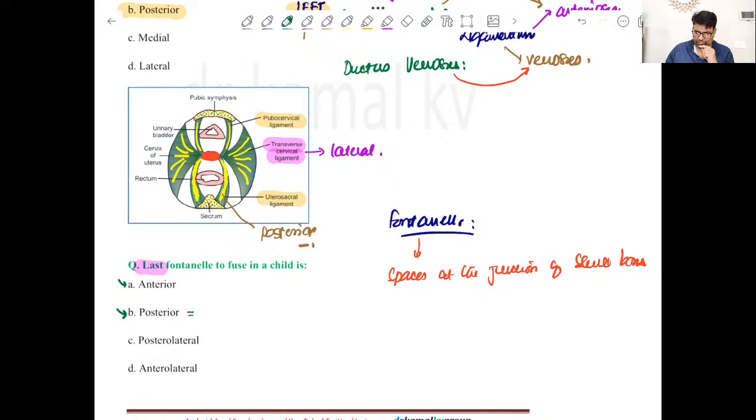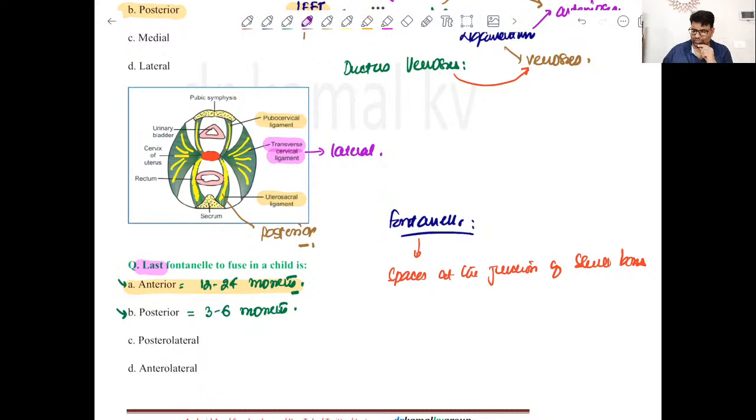Posterior fuses somewhere between the age of 3 to 6 months, and the anterior fuses around 12 to 24 months. Clear? The posterolateral and anterolateral are not significant enough, and the answer therefore would be the anterior fontanelle, right? Yes, you are absolutely right. Some books say 16 to 24, some say 18 to 24, even 12 to 24, that is all accepted. But yes, the maximum time limit is 2 years.